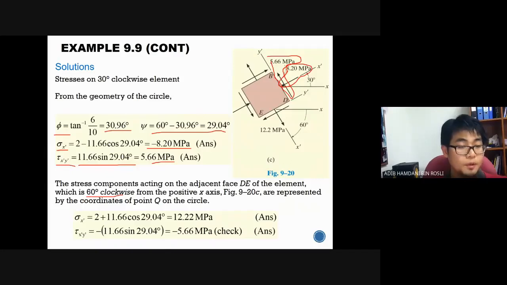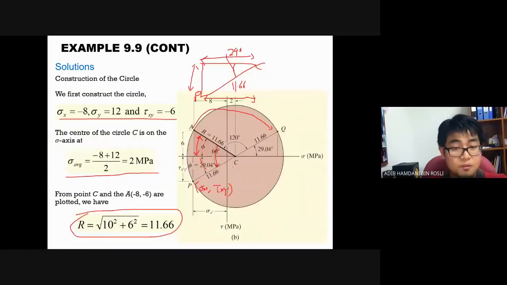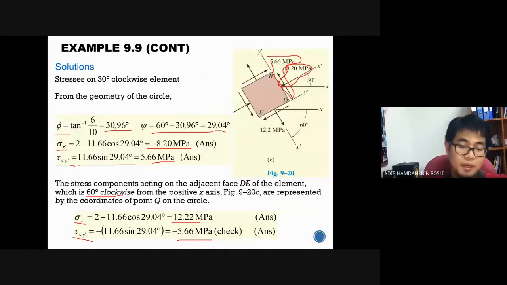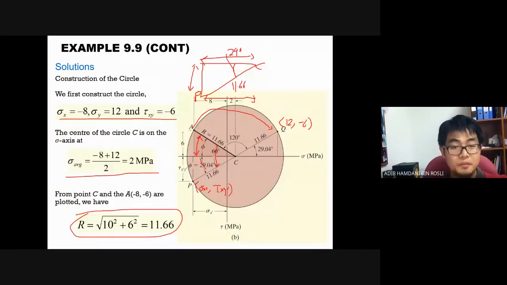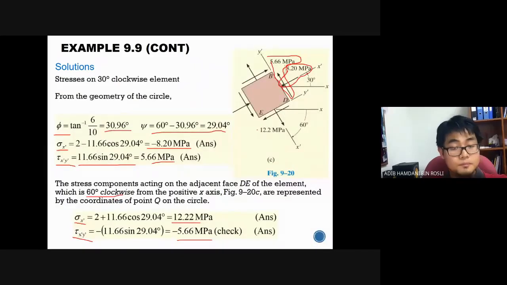Right? So at that point, you can find your sigma x prime and tau x prime y prime to be this and this. So you see on this, basically the coordinate is 12.22 and minus 5.66, which is about 12 and minus 6. Right? So you see what happened on the surface.